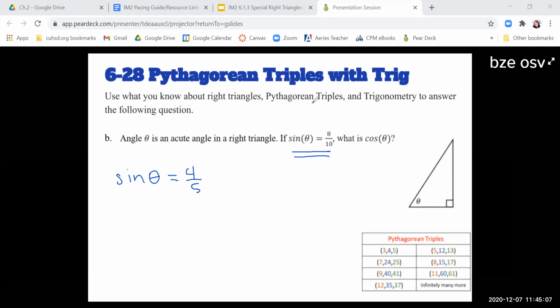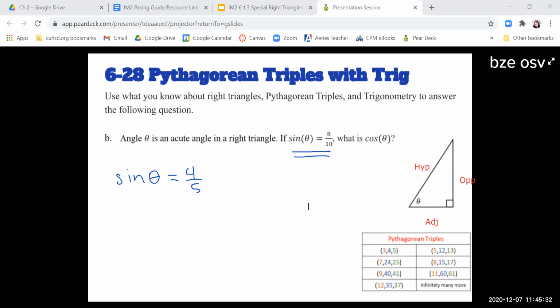I don't care about necessarily finding the precise length of the side. So now I'm going to go over to my triangle, and I'm going to label my sides opposite, adjacent, and hypotenuse. So here's my hypotenuse, adjacent, opposite. And then I'm going to sub in the values from the sine that I just did.